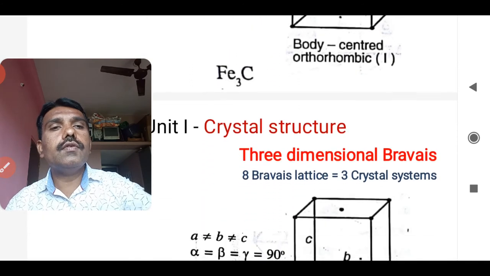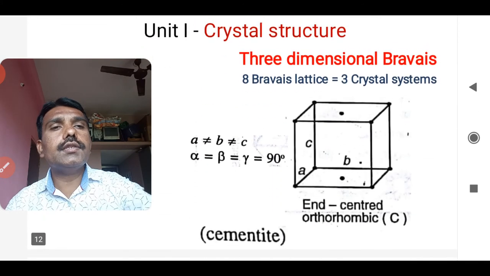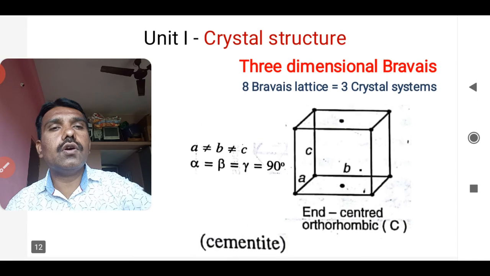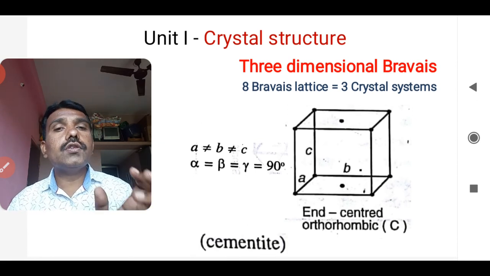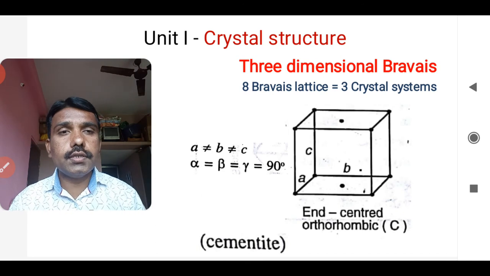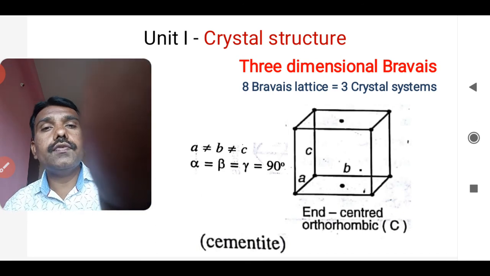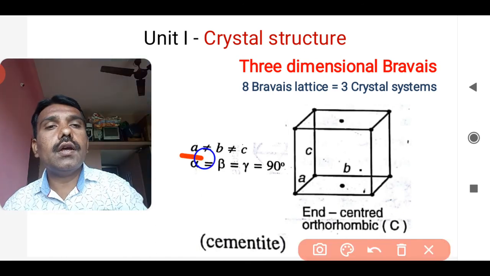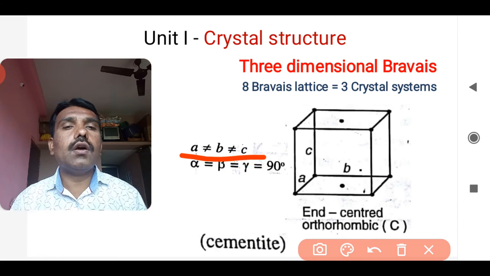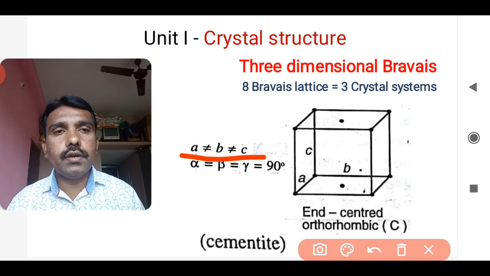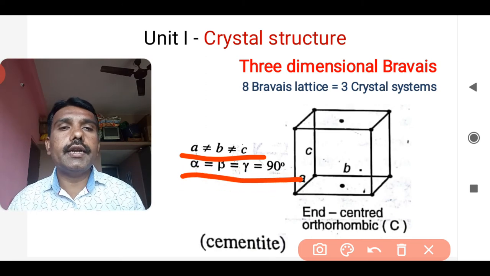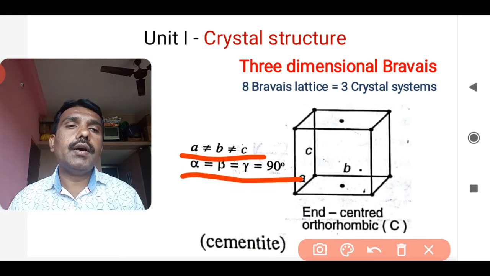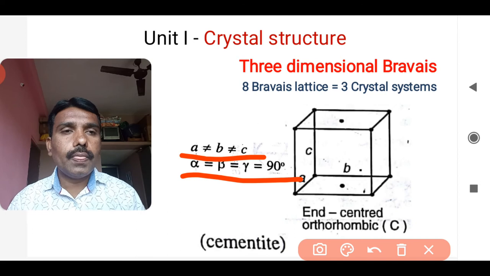The next, the eighth Bravais lattice, is also part of the third crystal system. That means again if you look at it, a, b, c are not equal to each other, so all three vectors are of different lengths. Alpha, beta, gamma are equal to 90 degrees.